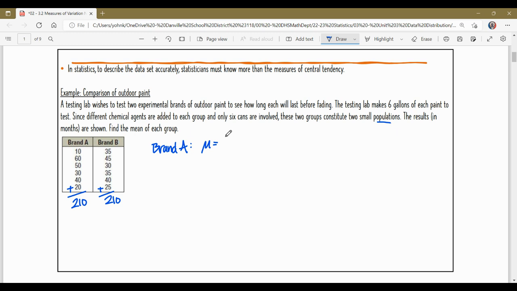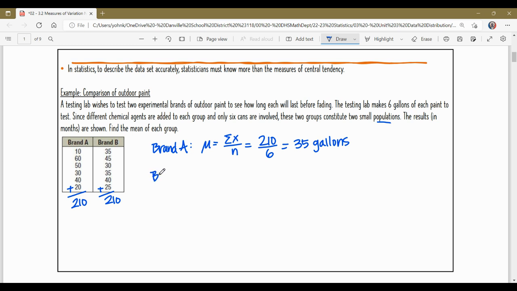We take the sum of all the x's and divide by how many numbers you added. So I get 210 divided by 6, which gives me a mean of 35. And this would be 35 gallons.